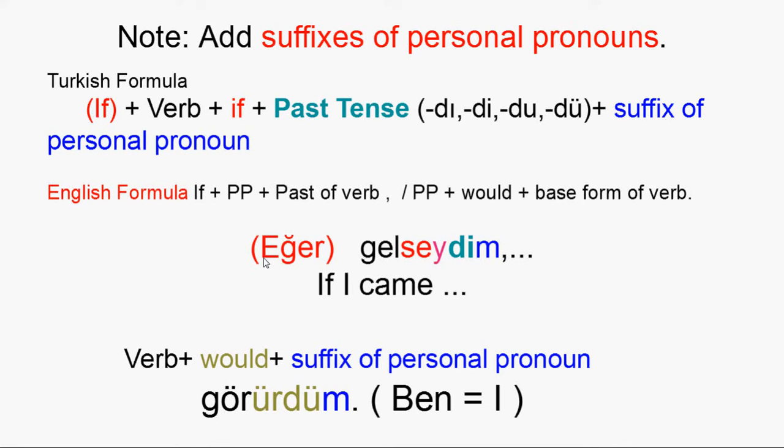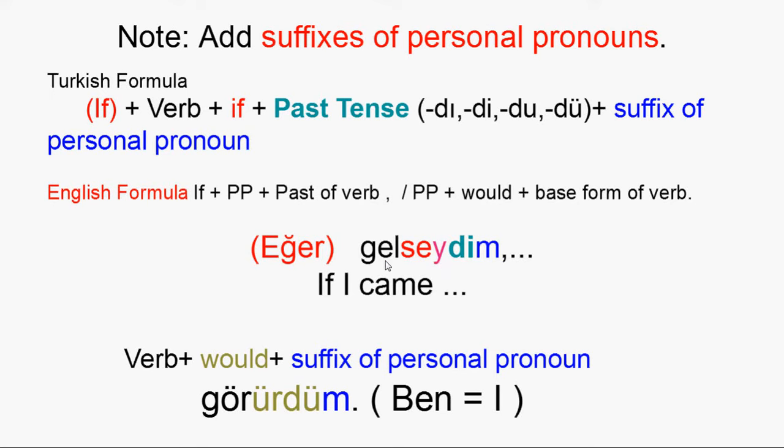If in Turkish means, if you remember from the first lesson of if conditionals, I told you, eğer. There's a soft G. We do not need to pronounce this soft G, so we say eğer. Let's see our verb here, gel, which means come. Gel, se, the suffix of if, gelse, ye, the connecting word.